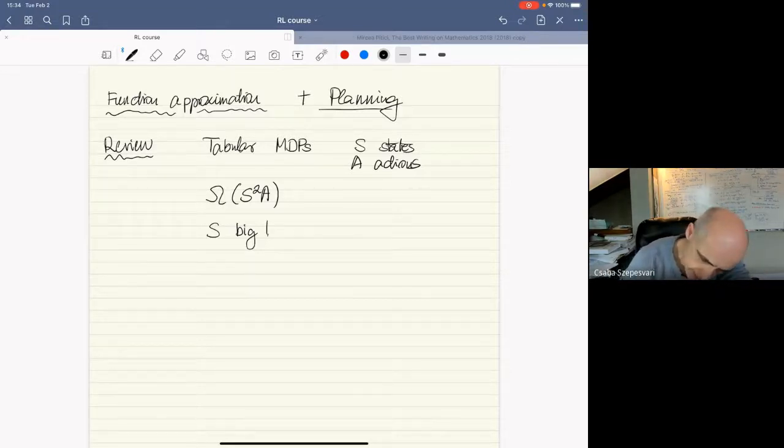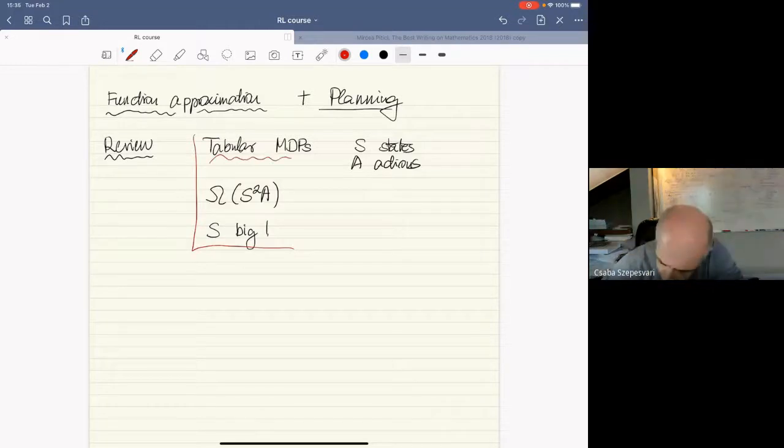And then we said that, okay, tabular MDPs, that's one thing. Let's just stick to tabular MDPs still. But maybe we shouldn't demand that the planner outputs an action for every state, because that requirement on its own means that the output is really lengthy if you have lots of states.